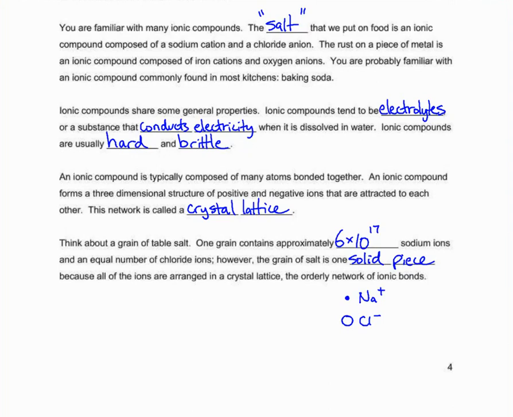And so what we see is not just one of these and one of these, even though the formula here is NaCl. But you see this huge three-dimensional structure of another sodium, another chloride, and it goes on and on. And I'm not going to do this for a whole lot longer because I'm never going to reach this number, 6 times 10 to the 17th of these sodiums.